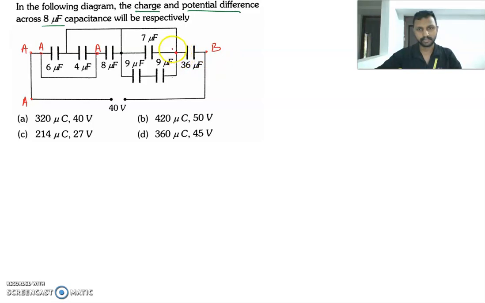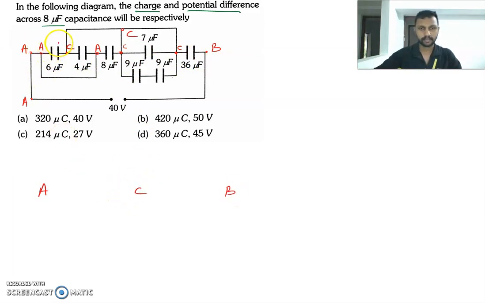Let's call this point C. If this point is C, we could clearly see all these points will be C, and this point will also be C. Since we have marked all the nodes, let's write A, B and C.